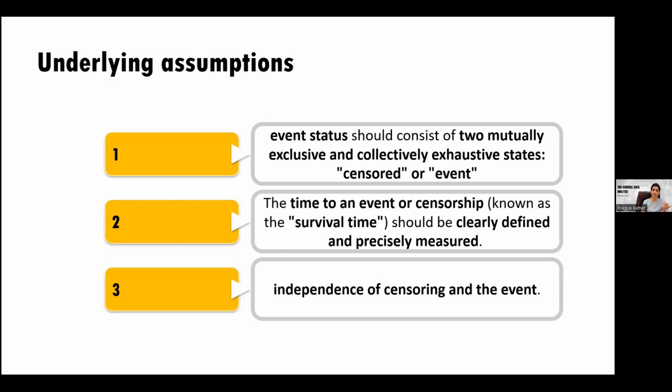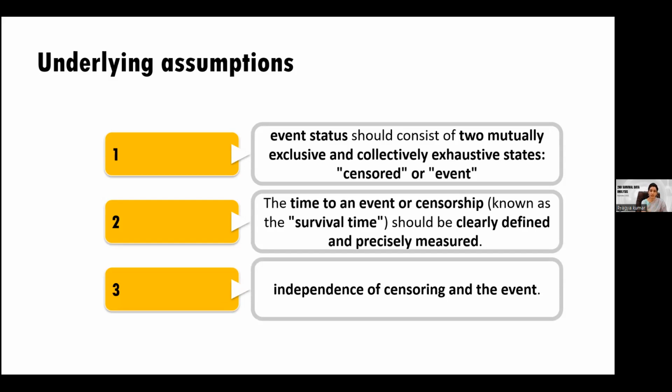Then the third is the independence of censoring and the event. This is again important because you assume that the cause of the censoring is not related to the event. So both should be independent of each other.